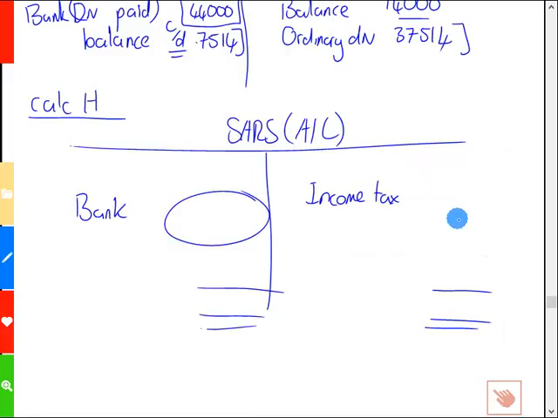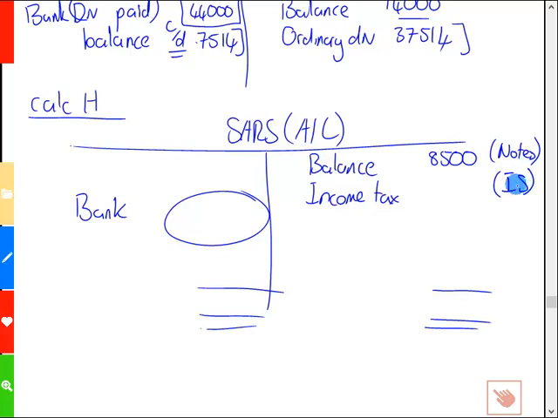So where's my opening balance going to be, on the debit side or the credit side? Credit side. Credit side, opening balance of 8,500. Yes. Where am I going to get this? We got it from the notes. Where am I going to get the income tax expense for the current year?